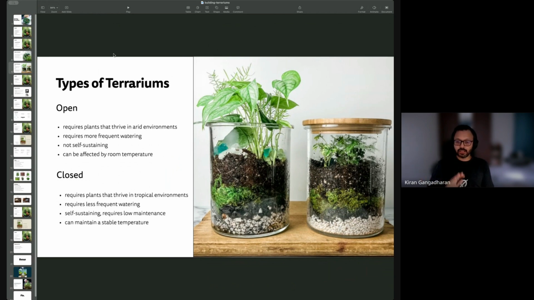The idea behind it is self-sustaining. You don't need to intervene at all. But even if you need to, it's very minimal, as and when necessary. And because it's closed, the constituents of the terrarium also help maintain a stable temperature inside, which makes it an ideal environment for plants that can grow in the tropics.